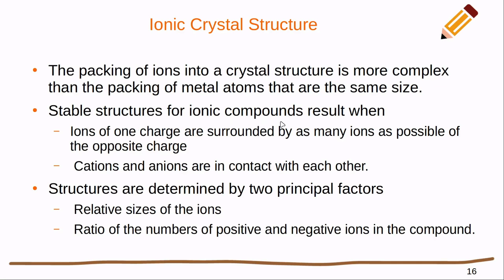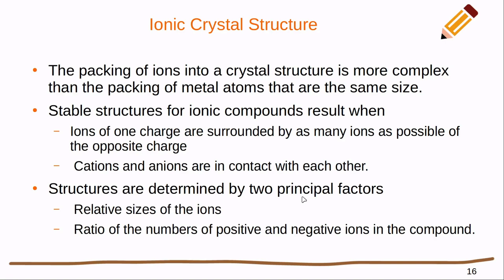Stable structures for ionic compounds result when ions of one charge are surrounded by as many ions as possible of the opposite charge, right? So we want to have different charges close together because we know that they attract one another. And the cations and anions of the same charge are not in contact with one another because they're going to repel one another.